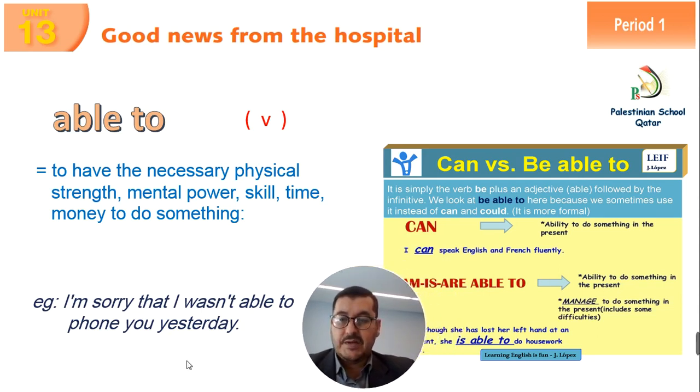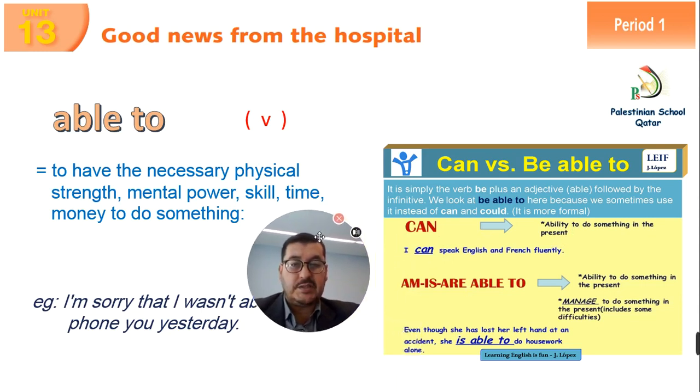For example, I'm sorry that I wasn't able to phone you yesterday. And able to, we can change it with can. Can, ability to do something in the present, and we can change can and put able to, but if you put able to, you have to put it with is, are plus able to.